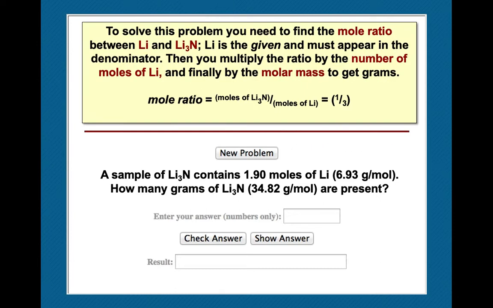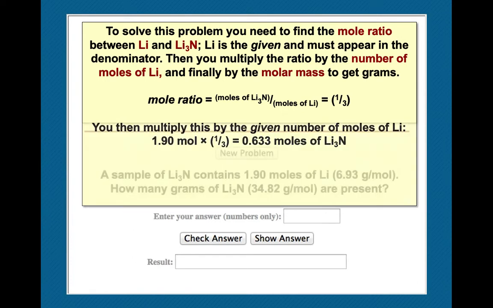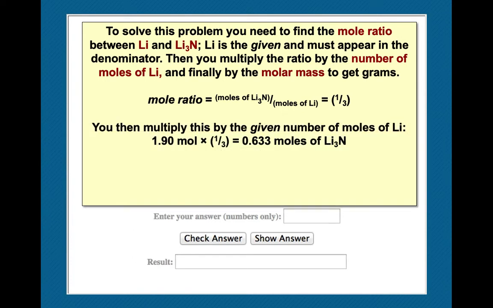Mole ratio: 3 moles of lithium for 1 mole of lithium nitride, so we're at 1/3. We take our ratio and our given, multiply them together, and get moles of lithium nitride.